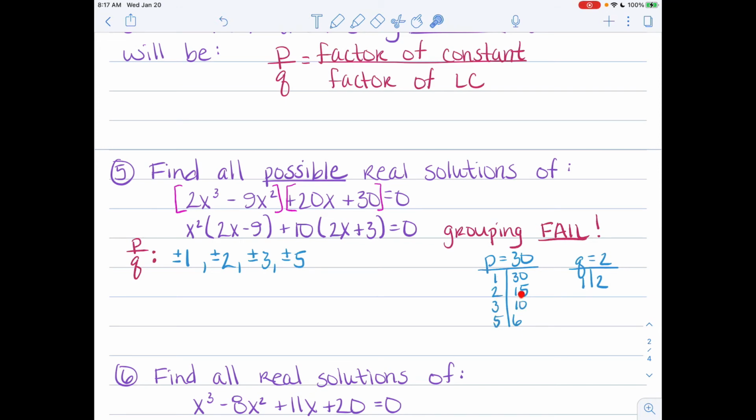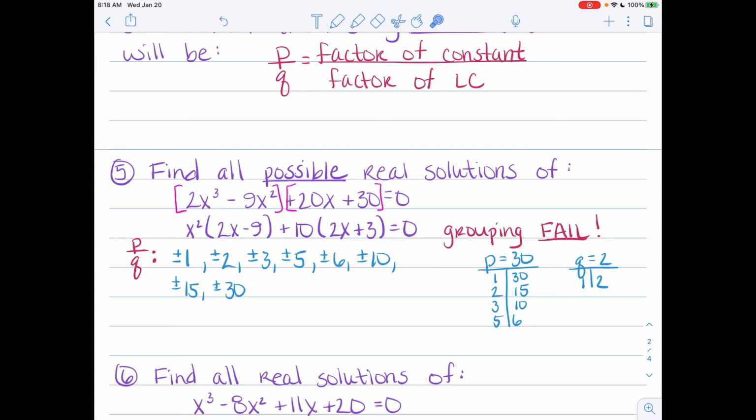But now I need to go up this side as well, so I'm going to continue with plus and minus 6, plus and minus 10, plus and minus 15, plus and minus 30. And that takes care of all of the p values divided by my q value of 1.